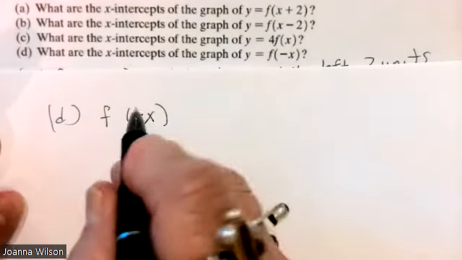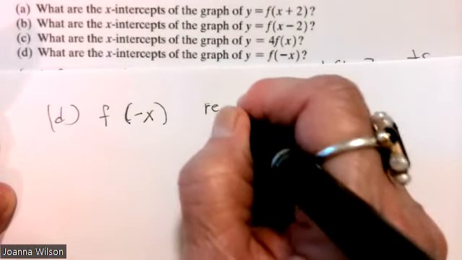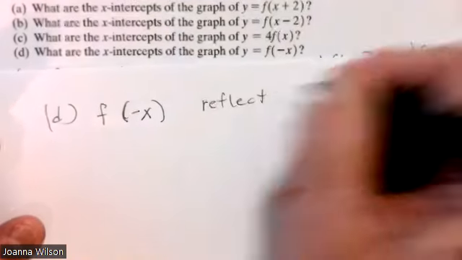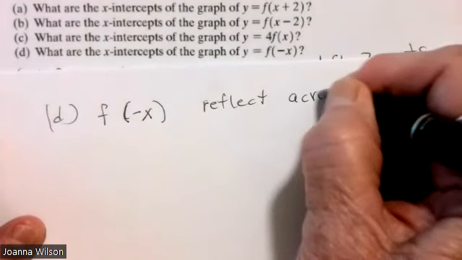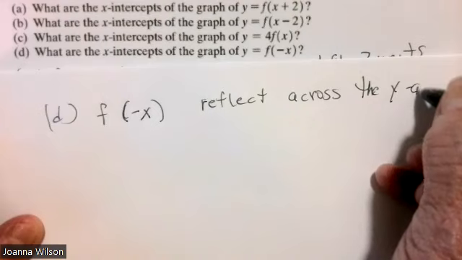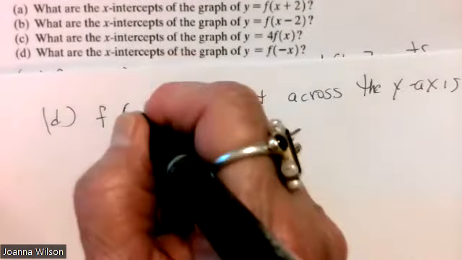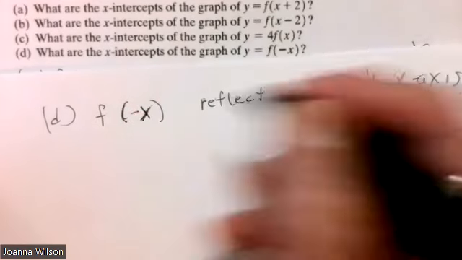Remember, if it's inside the grouping symbol, it's going to reflect across the y-axis, because your x values are getting multiplied times -1.